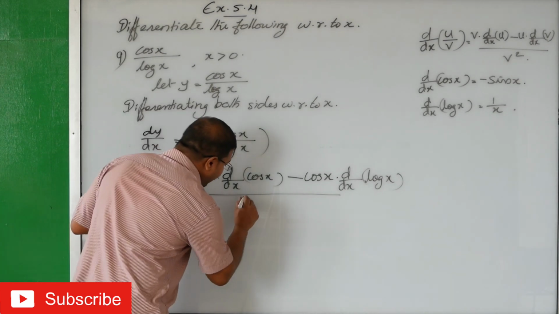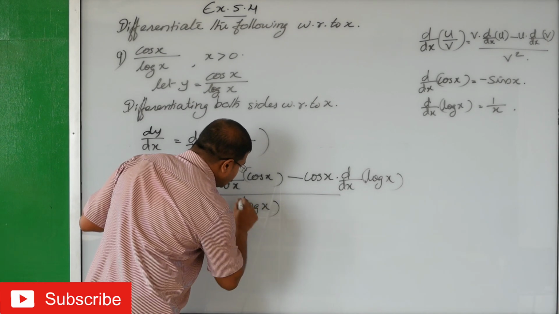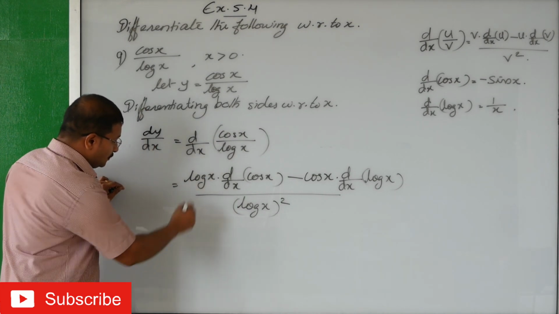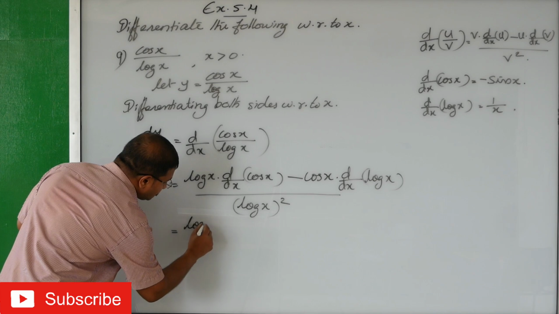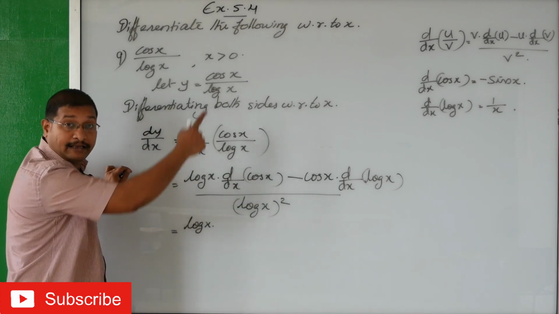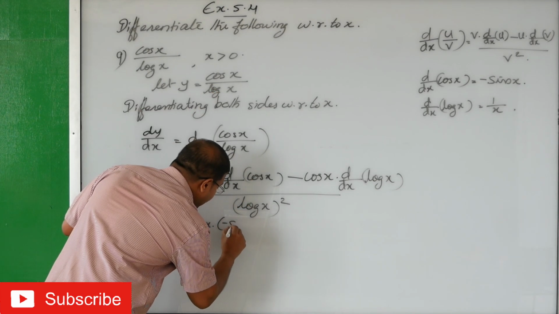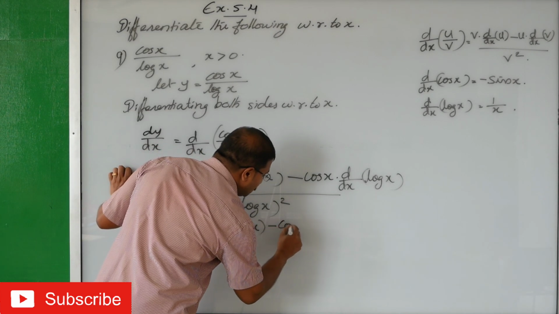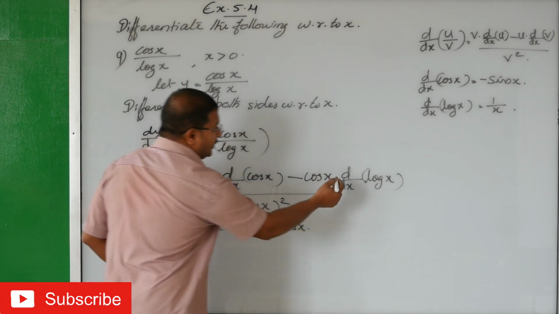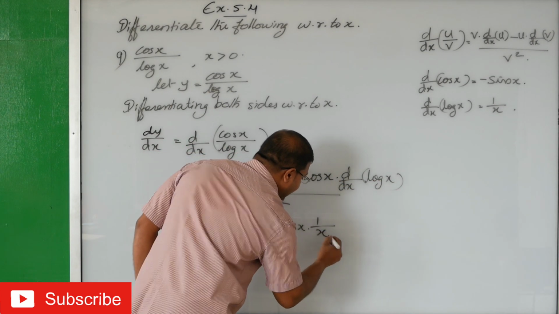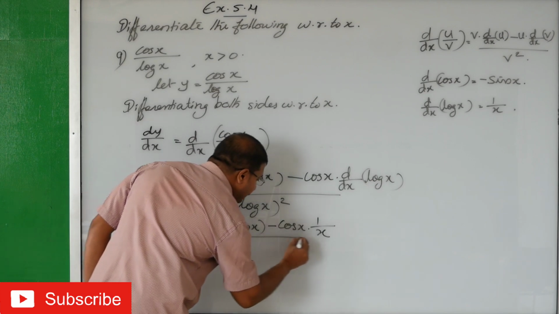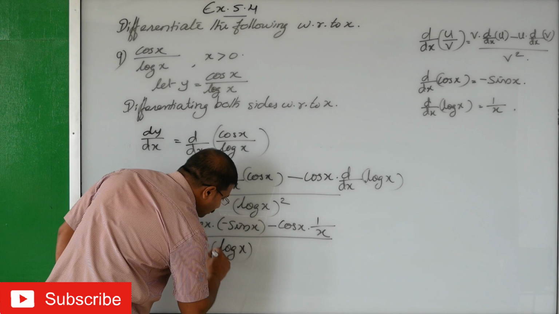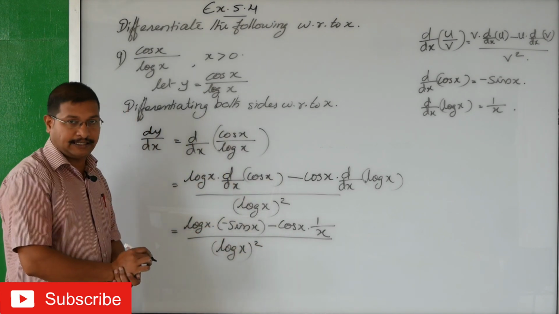That means log x the whole square. Ready? This equals log x into derivative of cos x, what you will get? Minus sin x. Minus sin x minus cos x into derivative of log x, what you will get? 1 by x. The whole divided by log x the whole square. We can't change, just keep as it is.